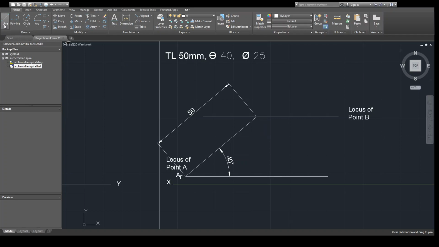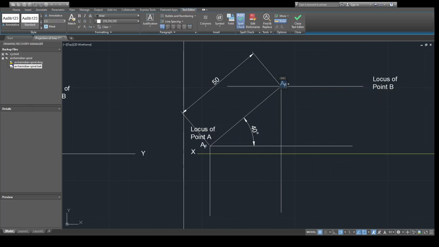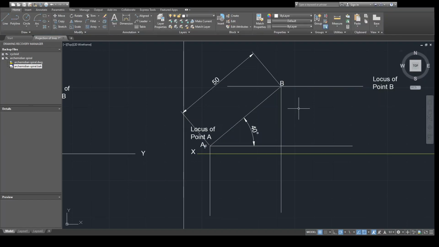Now we will extend the projection lines down from point AF, and we call this point as B. Okay. So AFB is a true length 50 mm and inclination with respect to HP is 40 degree. So it is a true length.